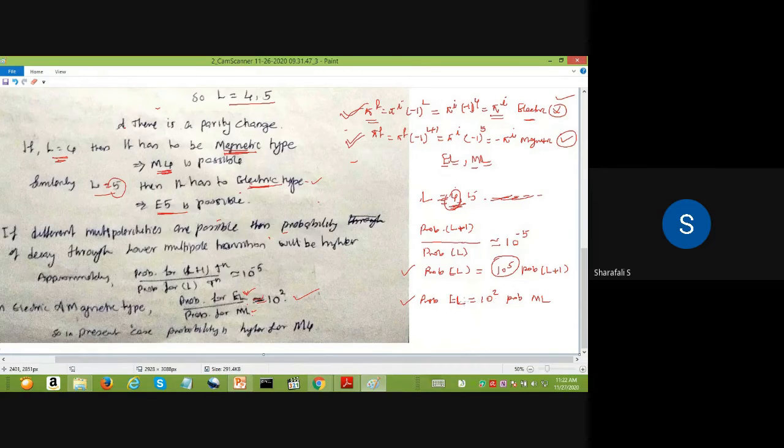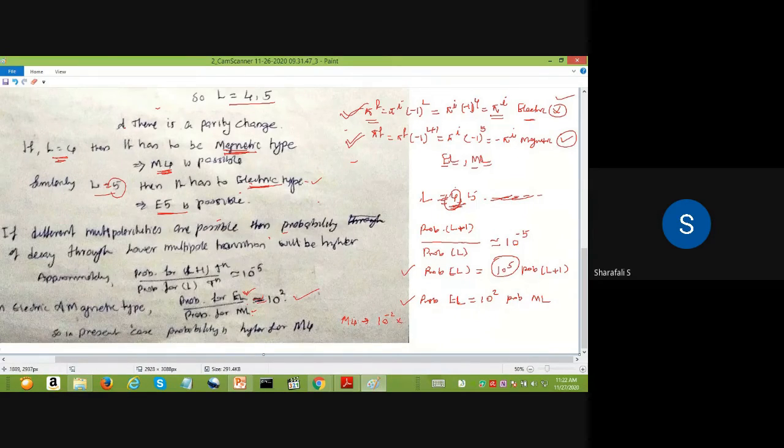So when you consider that electric is having 10 to the power 2 probability of magnetic, in that particular case, if you consider these two, M4 is a little tricky. M4 means magnetic, which will give you 10 raised to minus 2 as compared to electric.